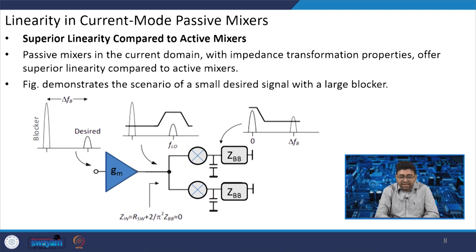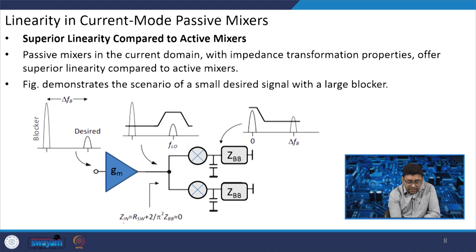Now, linearity in the current mode passive mixer: it has superior linearity compared to the active mixer. A passive mixer always has better linearity compared to the active mixer, and here we are working in the current domain. What is happening is that this is a blocker here, and this is the desired signal. After the GM cell, we have already seen the importance of the input impedance.